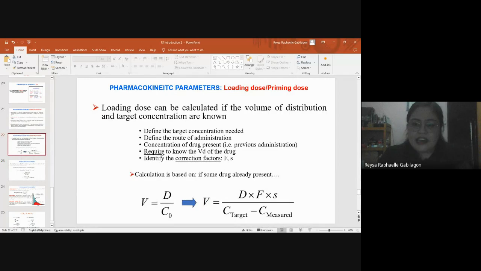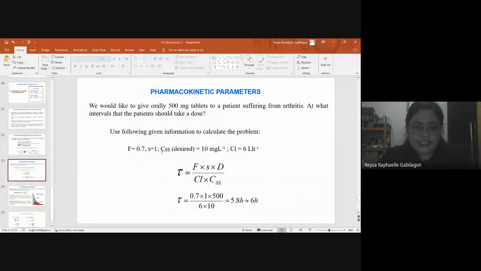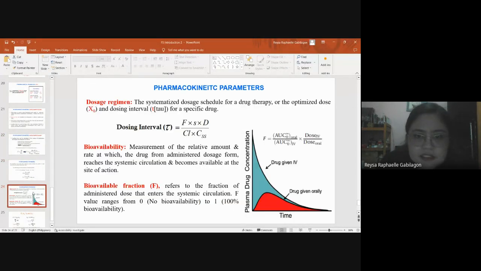And then the S is the salt factor. If meron siyang salt, so may mga drugs tayong naka-salt, like 80% yung drug and then the 20% is the salt. So 0.8 yung factor niyan. And then divided by the concentration. So the target concentration minus the measured concentration.